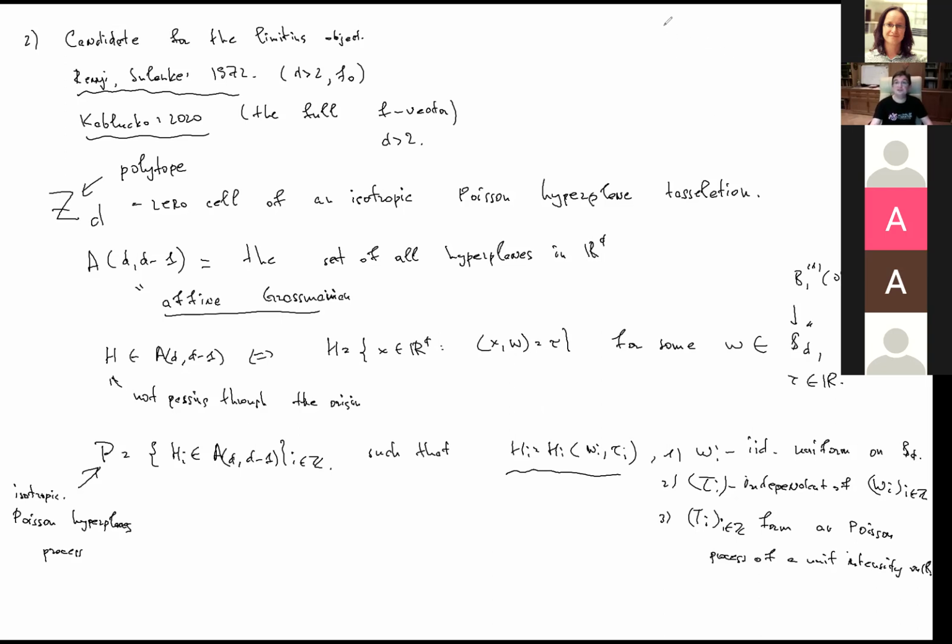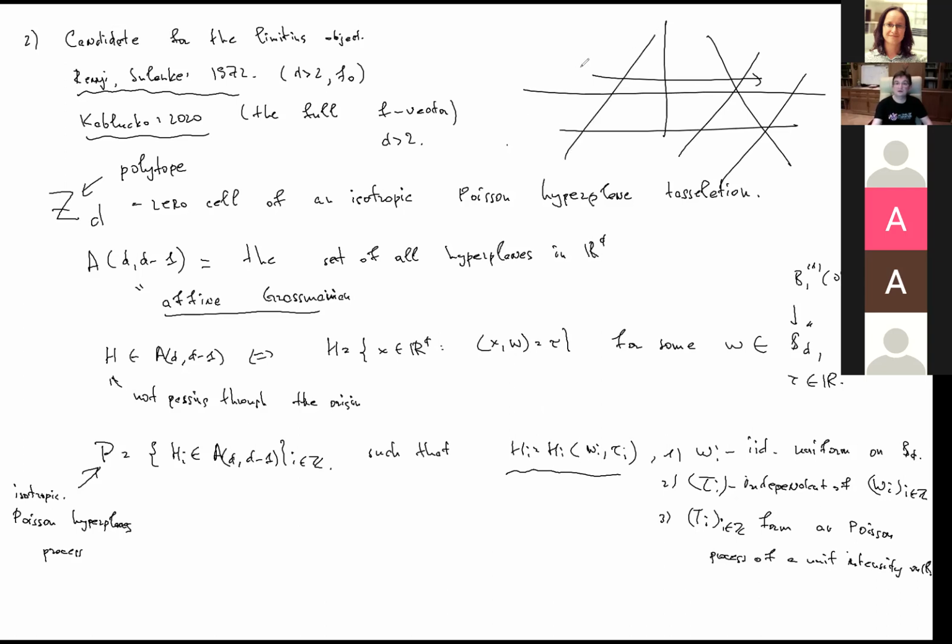So for d equals 2, this is just some random field of lines. But they should be farther and farther from the origin. Is it correct? Right. They're not concentrating around the origin, because tau_i is a Poisson process of unit intensity.